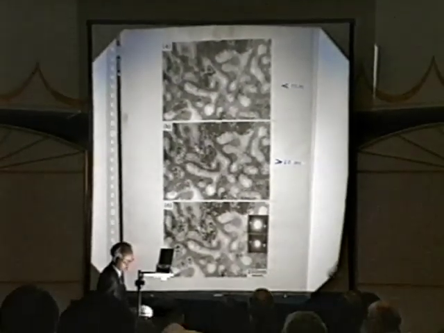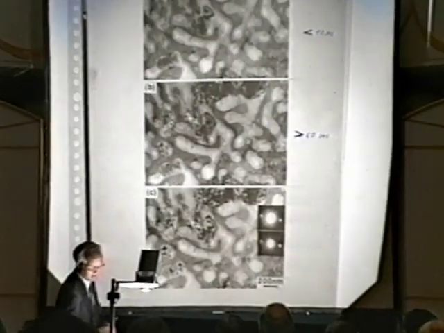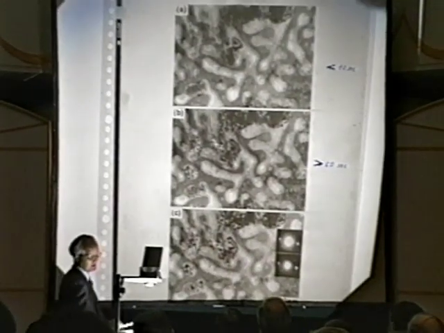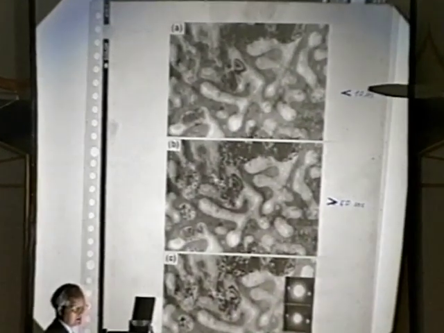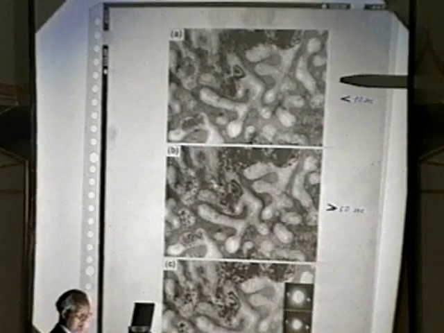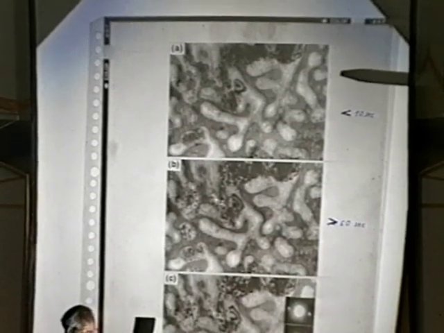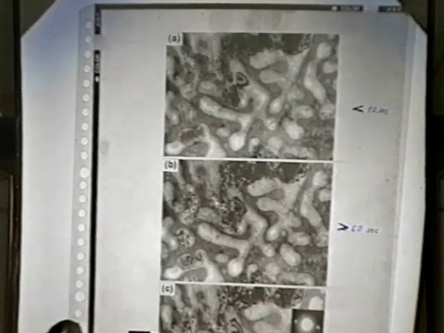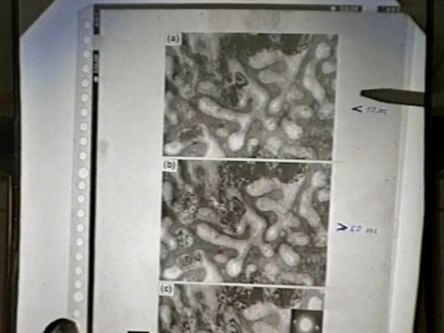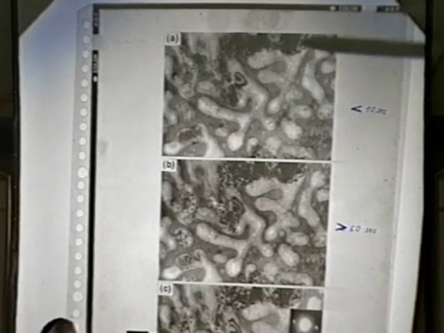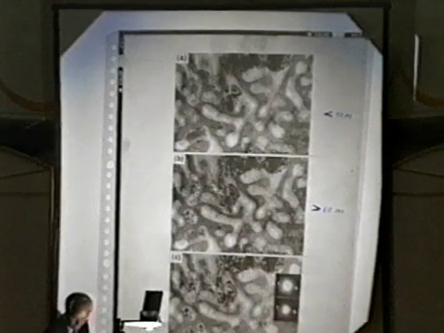It doesn't change anymore. And it means that the phenomenon occurs very suddenly. And in this experiment, we could not resolve the time when these speckled regions appear.